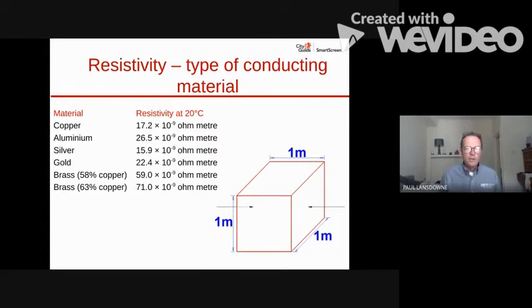So what they've done is they've got a meter by a meter by a meter, and they've measured the resistivity. It's a really low number, 1.7 times 10 to the minus 9. If you imagine all those zeros, this is where we need to make sure we use our calculators. So we have fixed resistivities; someone has worked these out for us.